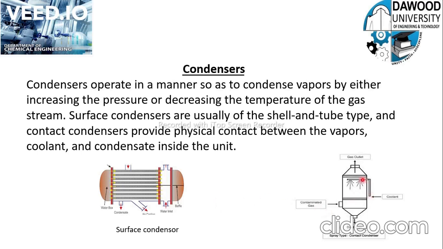In this condenser the coolant is sprayed onto the gas directly, rather than like in the surface condenser where the coolant was passed through the tubes. It is sprayed onto the air. As a result of this, the condensate is discharged from the bottom of this condenser, and the gas is received from the upper outlet of the condenser.